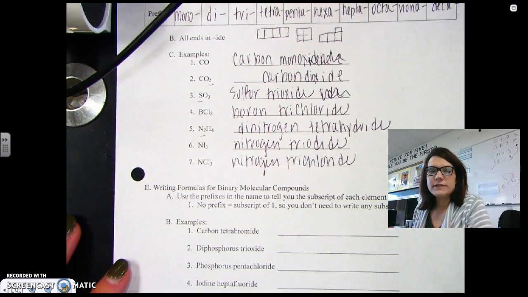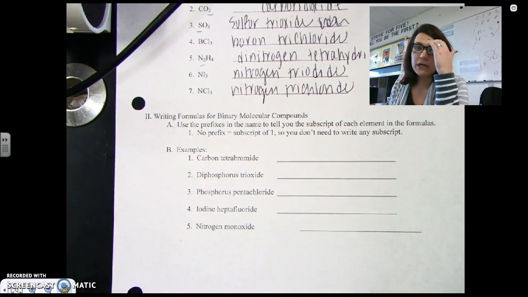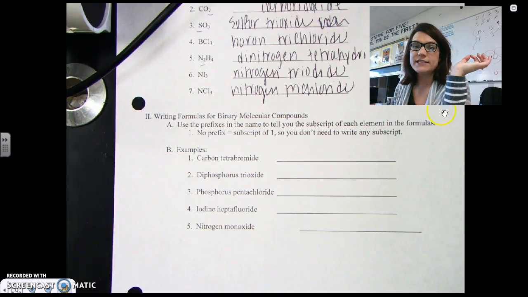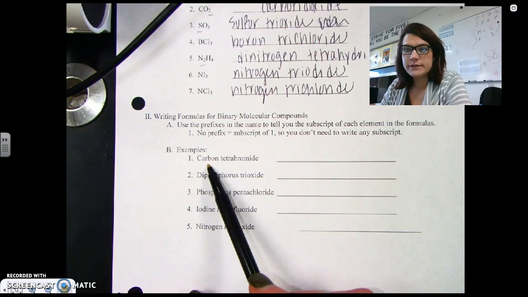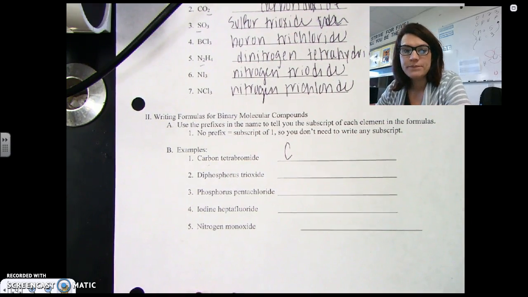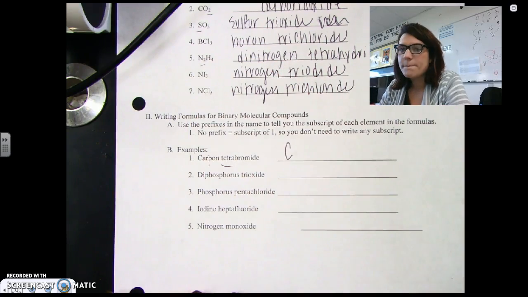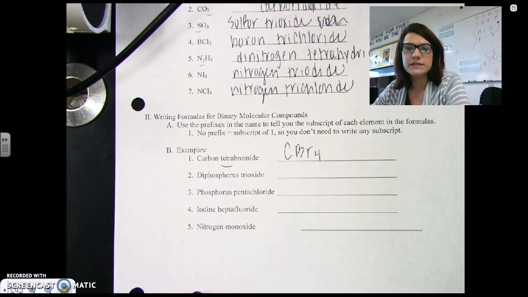Okay, next, how do I go from a name to a formula? Well, I need to remember that the prefix goes with the element that it's attached to, okay? So for instance, carbon, since there's no mono there, I know is just one, so it'll be C. And then tetrabromide, so that means Br, and there's 4 of them because the tetra is attached to bromine, okay?